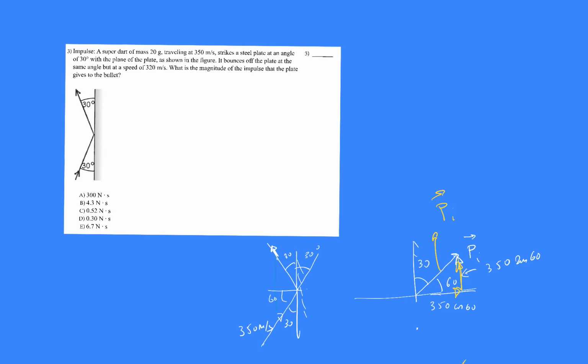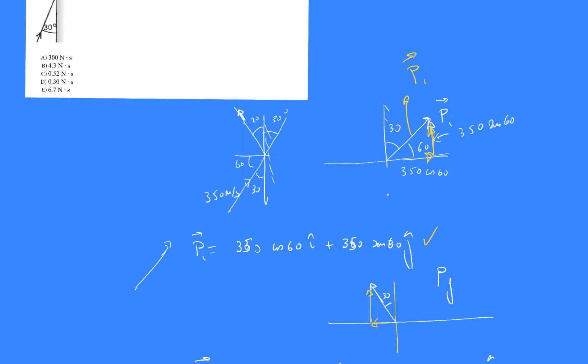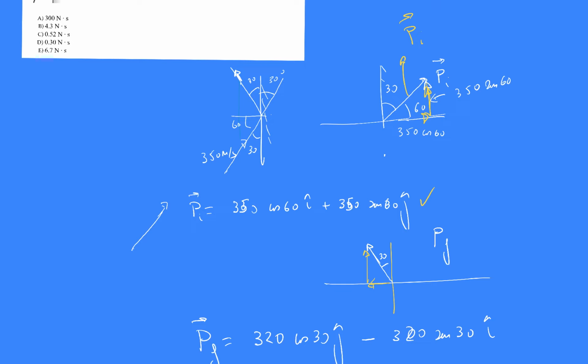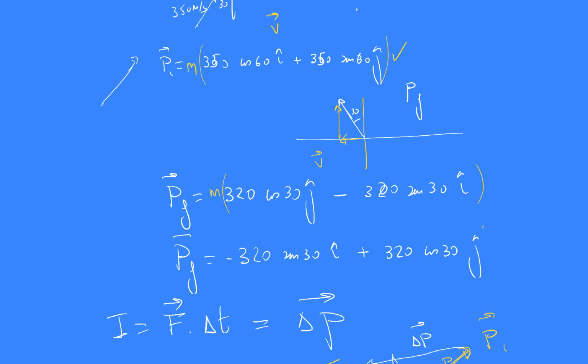What is the mass? Mass is 20 grams. So the initial momentum is m times the vector velocity. This is the vector velocity. And the final momentum is m times the vector velocity.